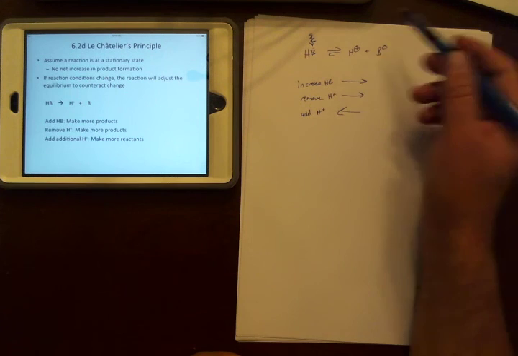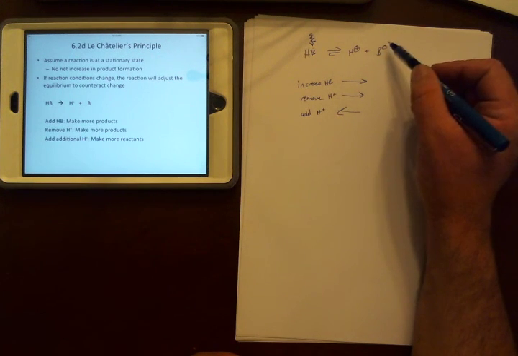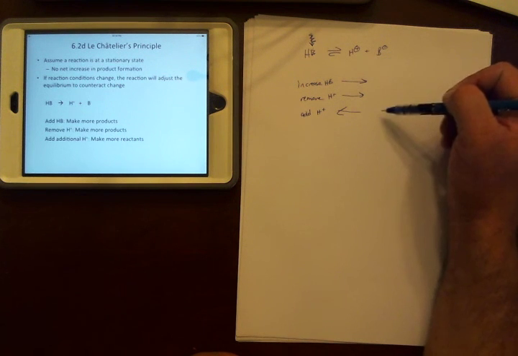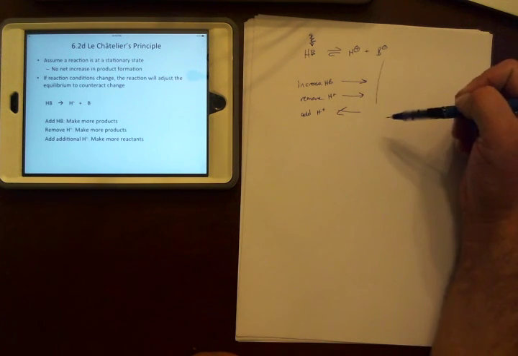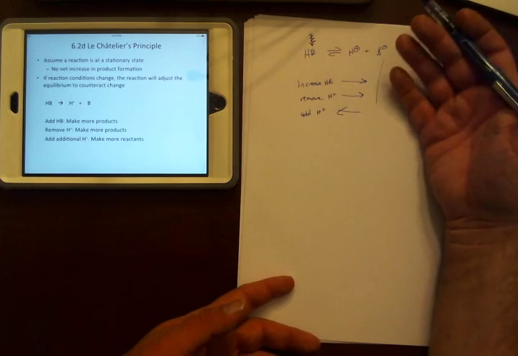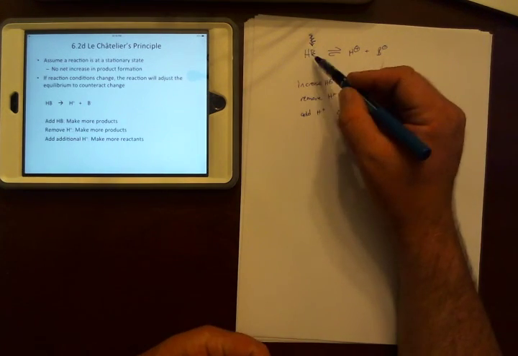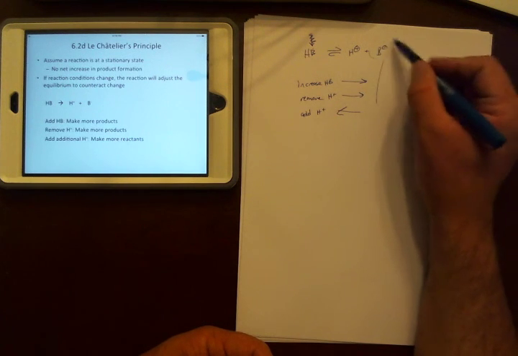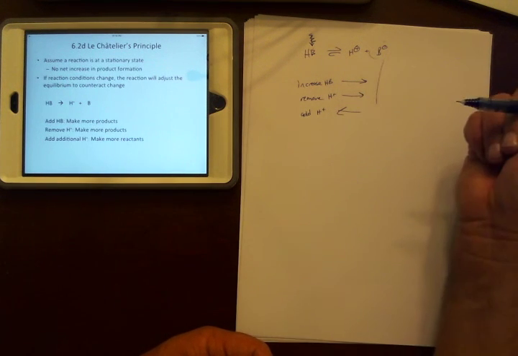Or you can add a particular counterion where the product is insoluble, so it will crash out as soon as it's made. If you remove a product, it'll drive the system forward.